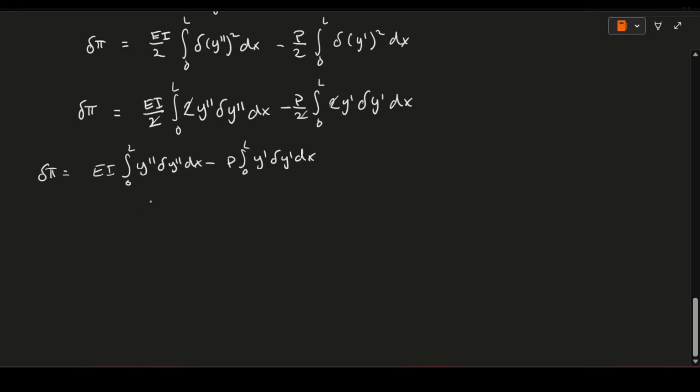If we do the integration by parts, we get the variation of pi is equal to EI y prime prime, and the rule is that we take away 1 prime from the del operator, we get del y prime, evaluated from 0 to L, minus EI integral from 0 to L. I could do both integrations by parts in one go, but I first do one and then another afterwards.